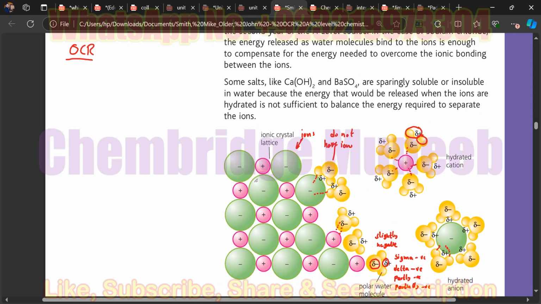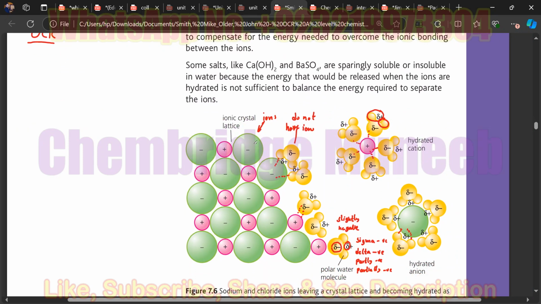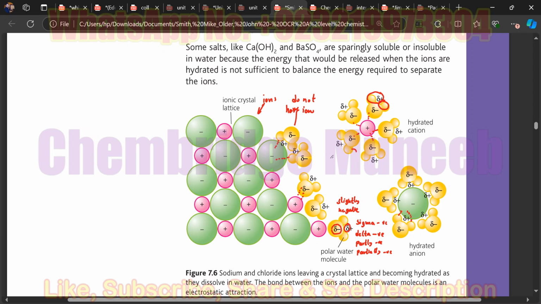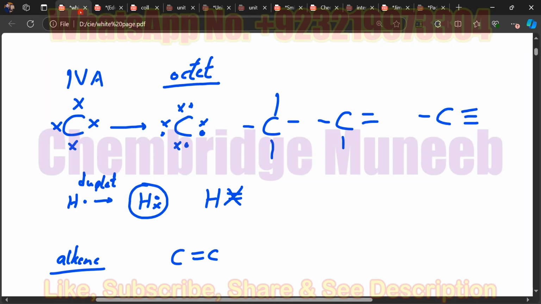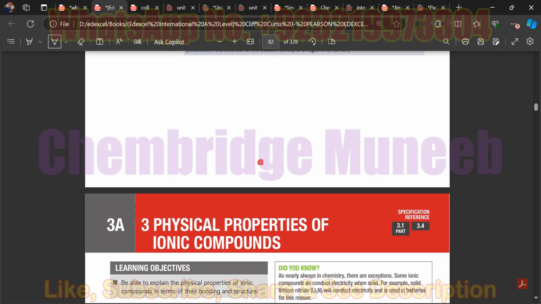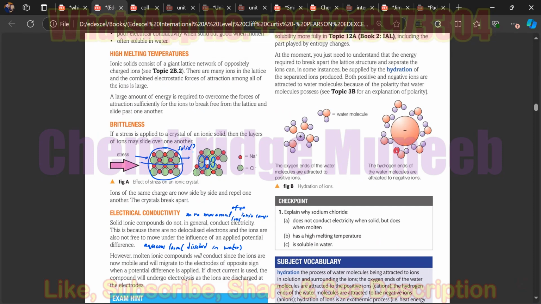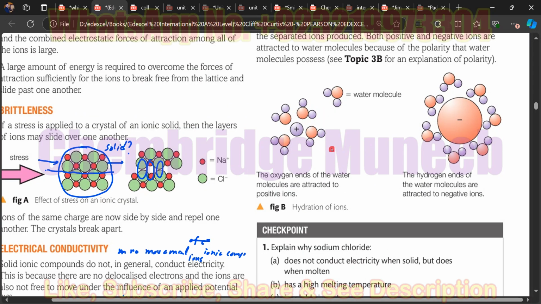So there's a picture here. You can see that this structure of the ionic crystal is now splitting into the water molecules, and these water molecules are now surrounding these ions. So yes, that's why they are not split. Now what happens to the conductivity of the compound when they are in the aqueous form? Now these ions can easily flow within the water.